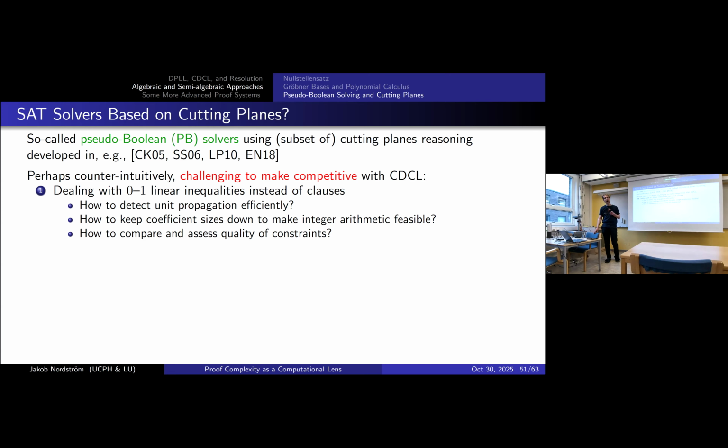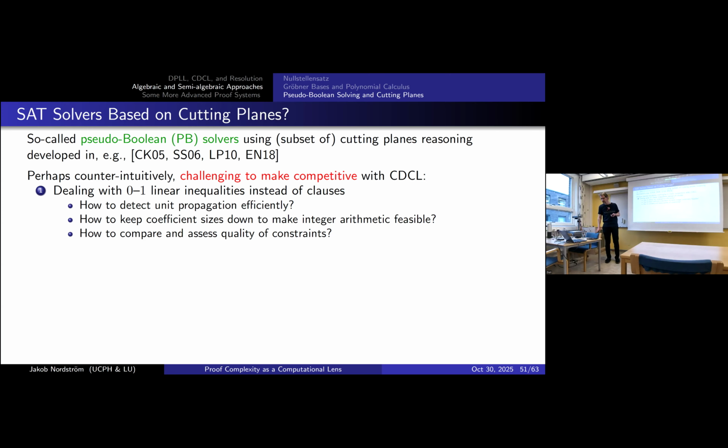because then your integer arithmetic is going to be really slow. Comparing clauses is kind of easy, in the sense that if a clause is smaller than another clause, then maybe it looks better. But how do you compare two different 0-1 linear inequalities, where one has few variables but constrains them in a weak way, another has many more variables and constrains them much more, and maybe a third is weaker still but has small integer coefficients, so it will be faster to operate with?